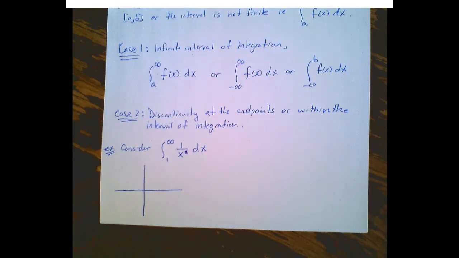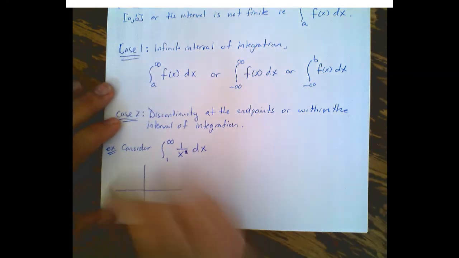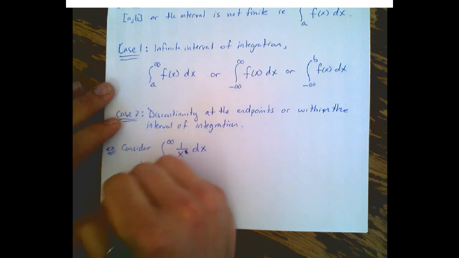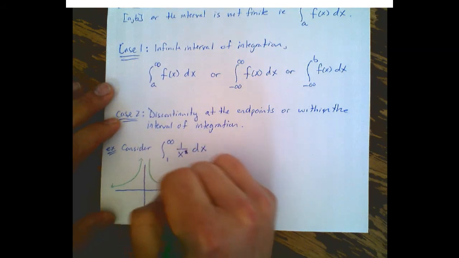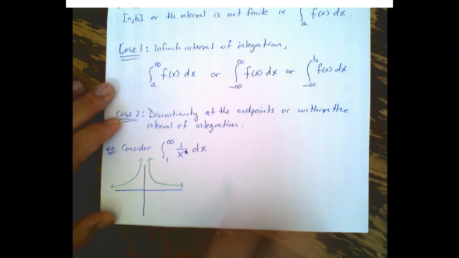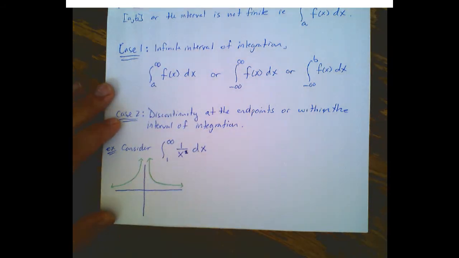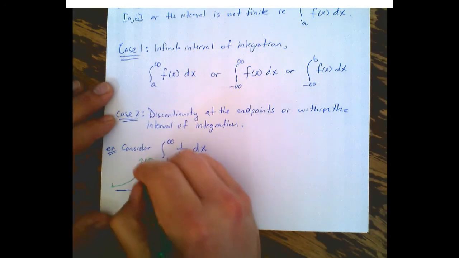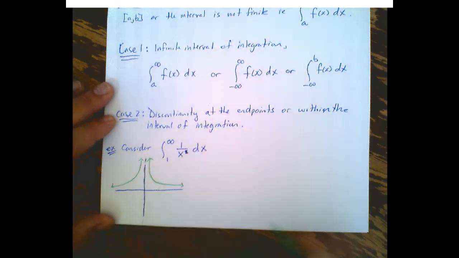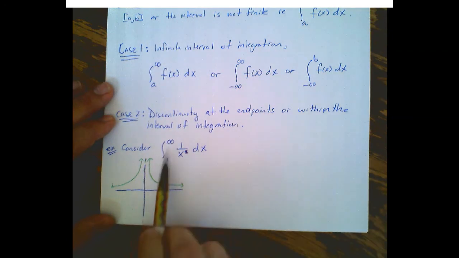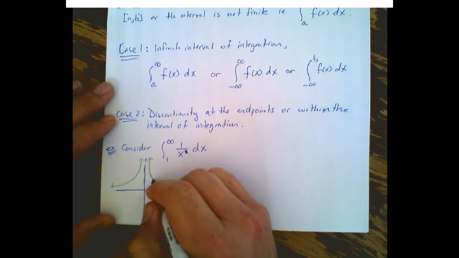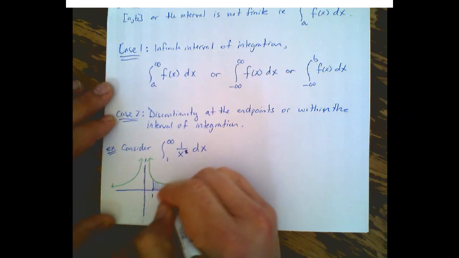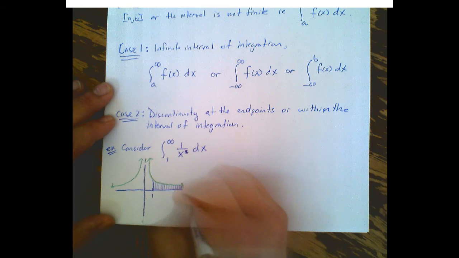So let's graph this function. The function, if we were to graph in the graphing calculator, looks something like this. So there is an asymptote at x equals 0, but we're looking for the integral from 1 to infinity here. So let's say this is 1. We're looking to calculate this area here.